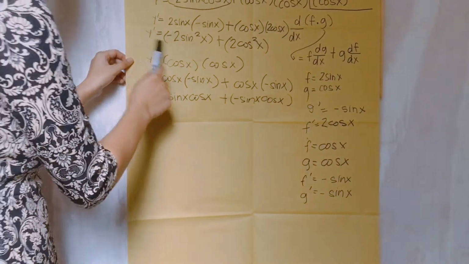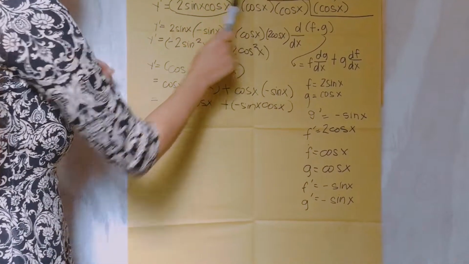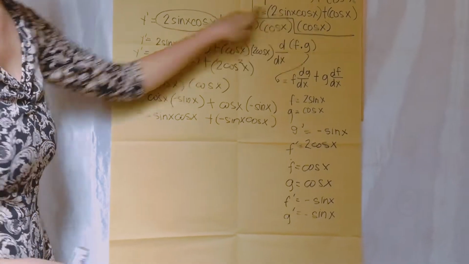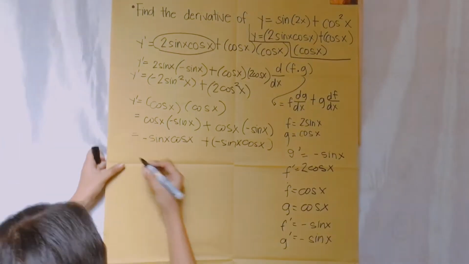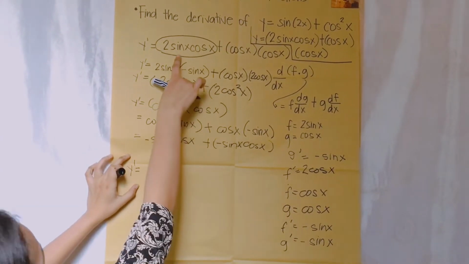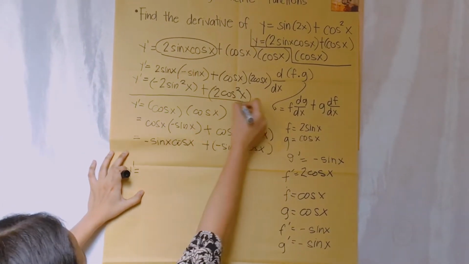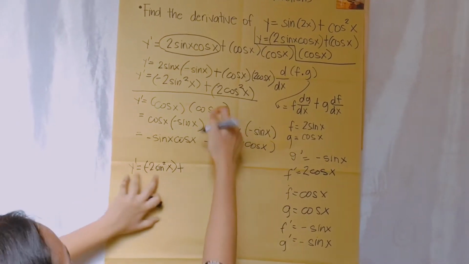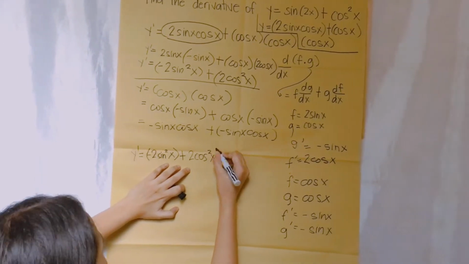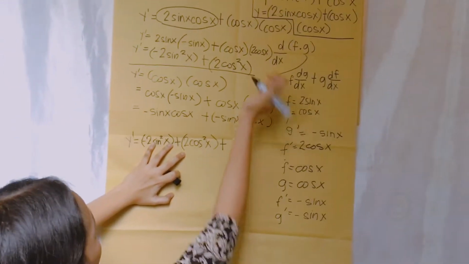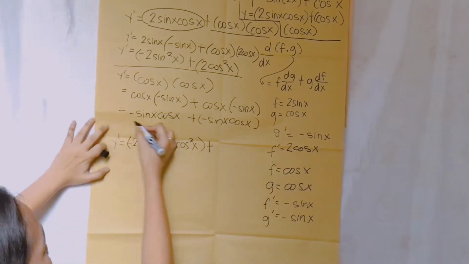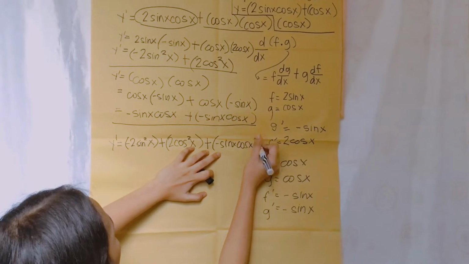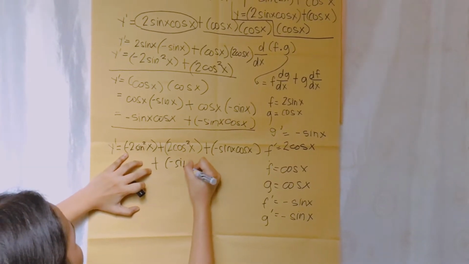So now that we have the derivative of both terms, we're going to put them together based on the first equation we have. So we have y prime. Since the derivative of 2 sine x cos x is this one, we'll put negative 2 sine squared x plus 2 cos squared x, plus the derivative of cos x times cos x, which is negative sine x cos x plus negative sine x cos x.